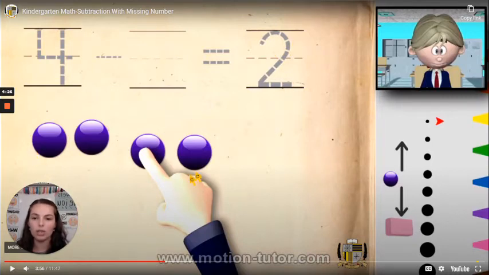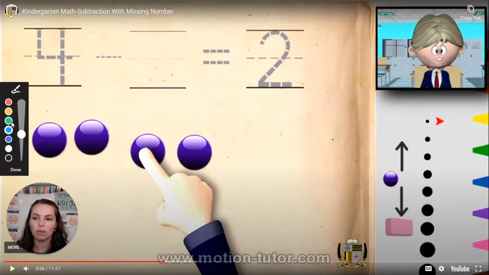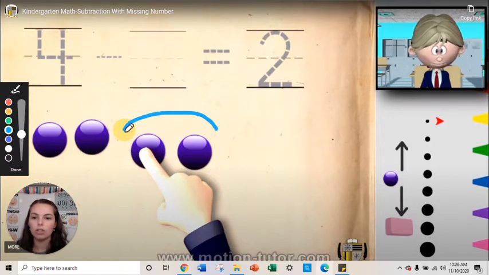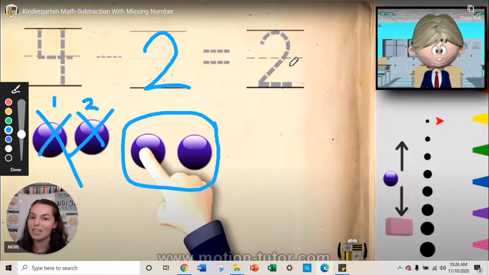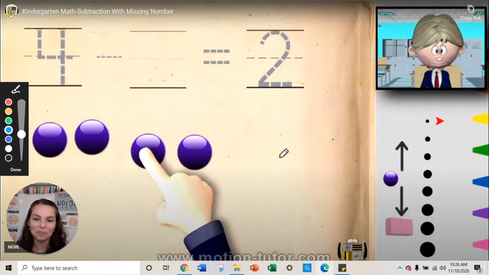So here we have 4 dots, and I know I'm going to have 2 left over. So I'm going to circle the 2 that you want to end up with. How many will you have to get rid of? I have to get rid of this one and this one. How many is that? 1, 2. I had to get rid of 2 to end up with 2. There we go. So let's try some more.